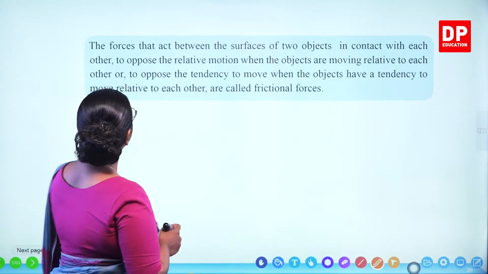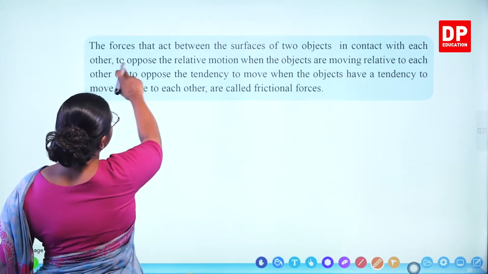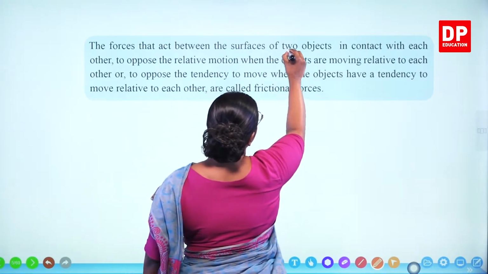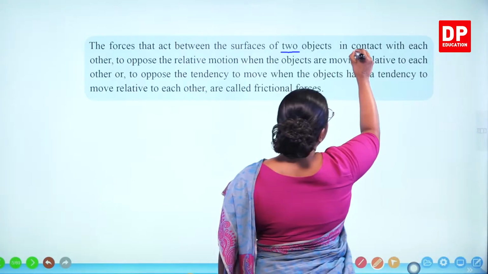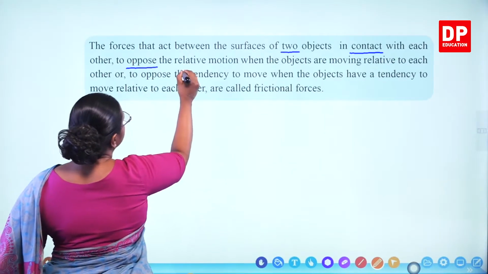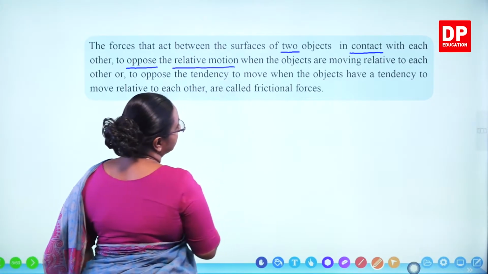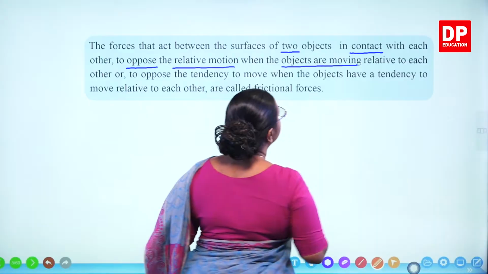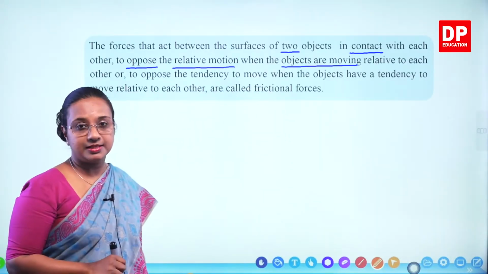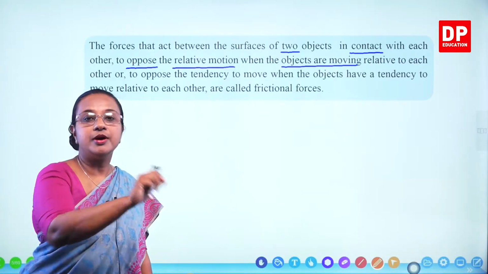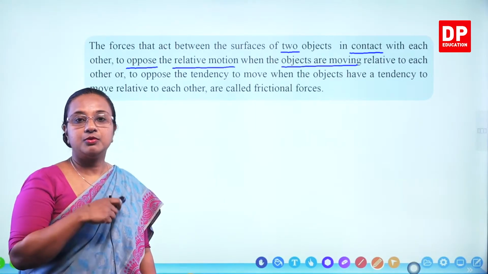Let us look at the first part. The forces that act between surfaces of two objects in contact with each other to oppose the relative motion when the objects are moving relative to each other. So, we saw the pencil being rolled on the table, a rolling pencil.